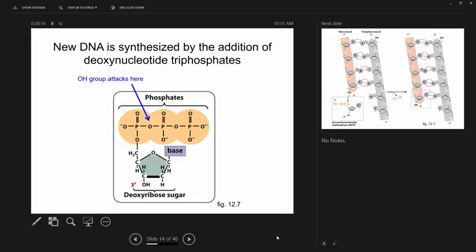What's going to happen is that as you add one of these nucleotides to the 3' end of a chain, the 3' hydroxyl at the end of the chain is going to attack this bond, leading to a joining right here. They will have the phosphodiester bond, so this oxygen is going to be connected to the 5', and this oxygen will be connected up to the 3'. The pyrophosphate will fall off.